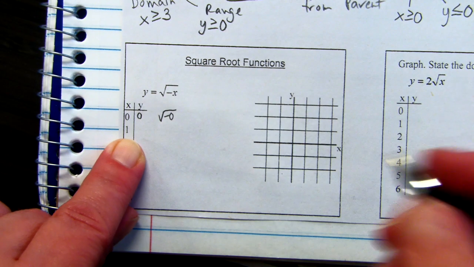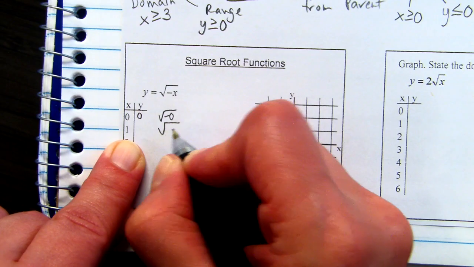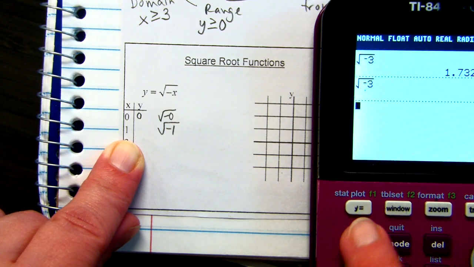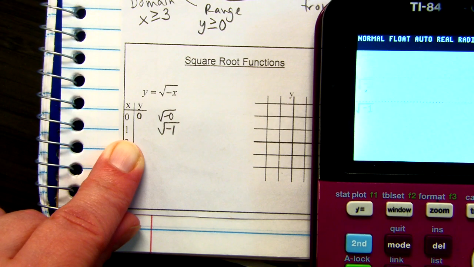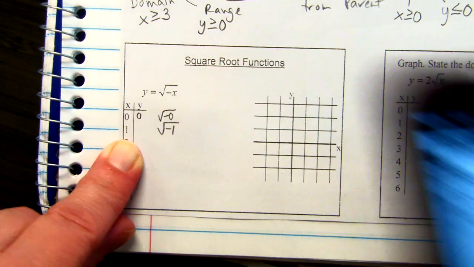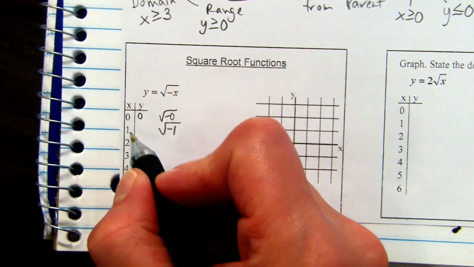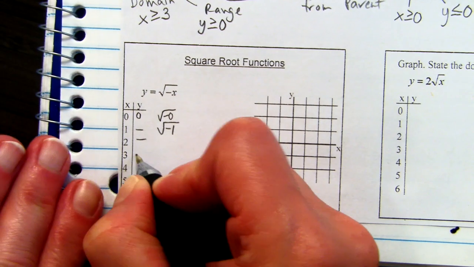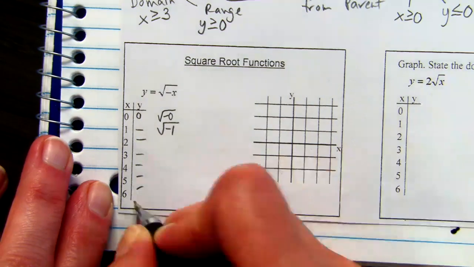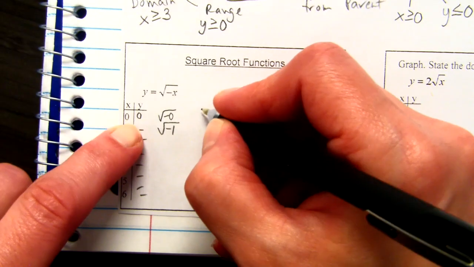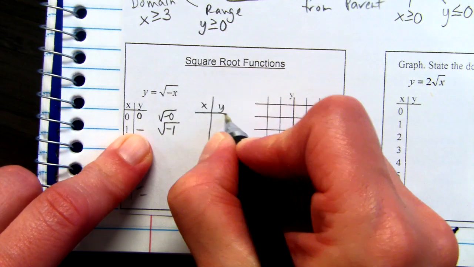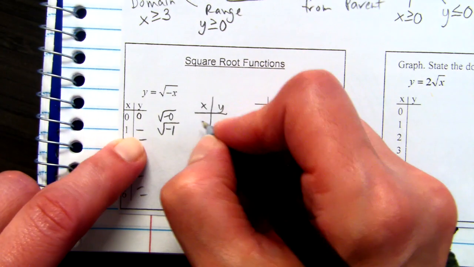In the next one, we put the negative on the inside. So, the square root of negative 0 is fine. But when I try to take the square root of negative 1, that's where the calculator is going to start giving me errors.